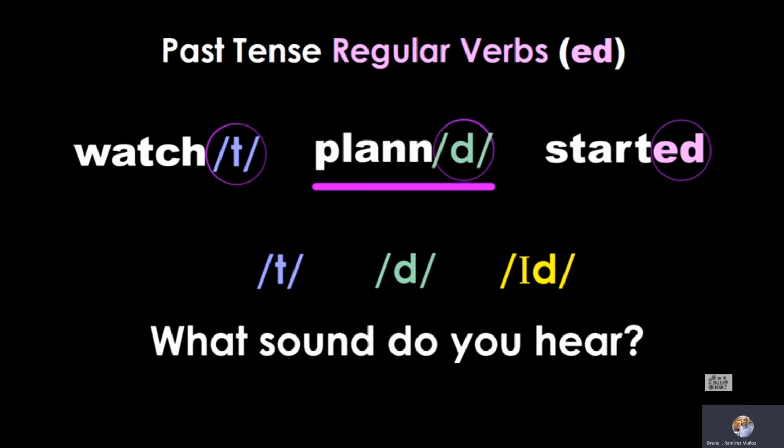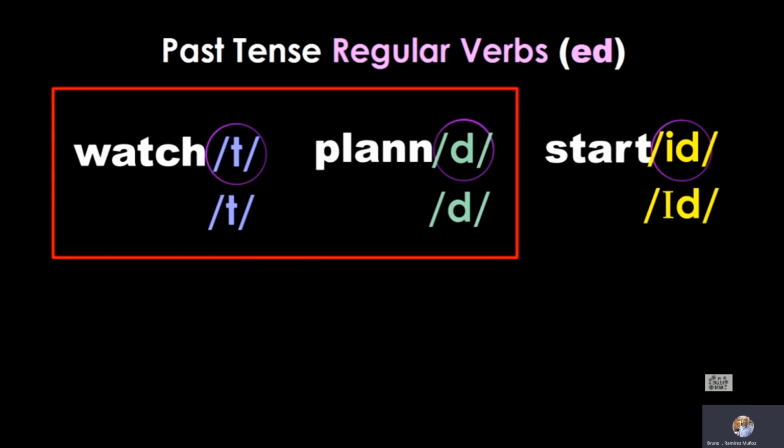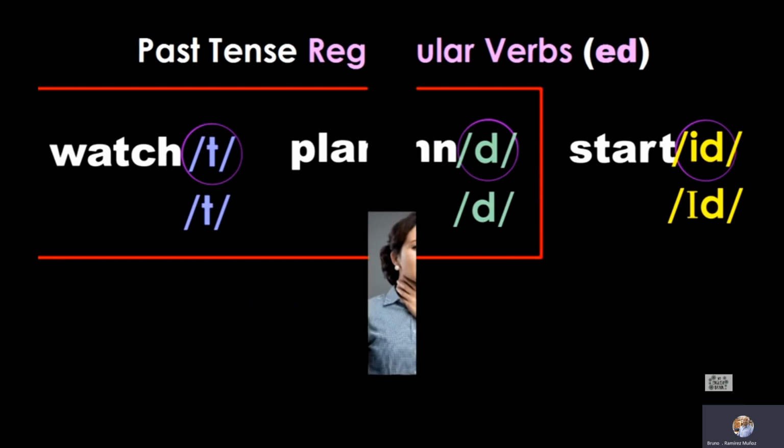And the last one, started. That's right, it's the id sound. So now we know we have three distinct sounds, the t, d, and id. But let's focus first on the t and the d sounds.